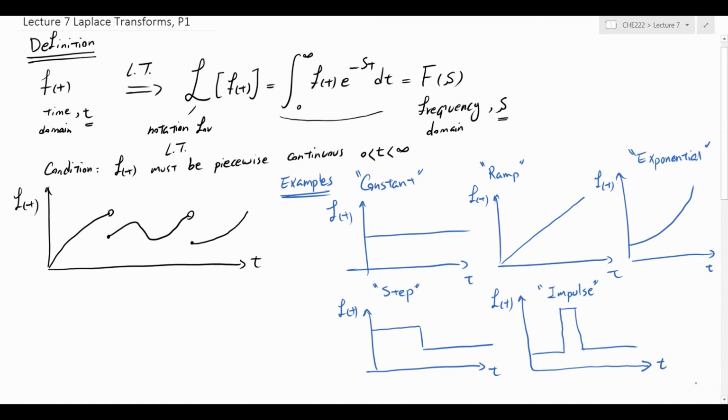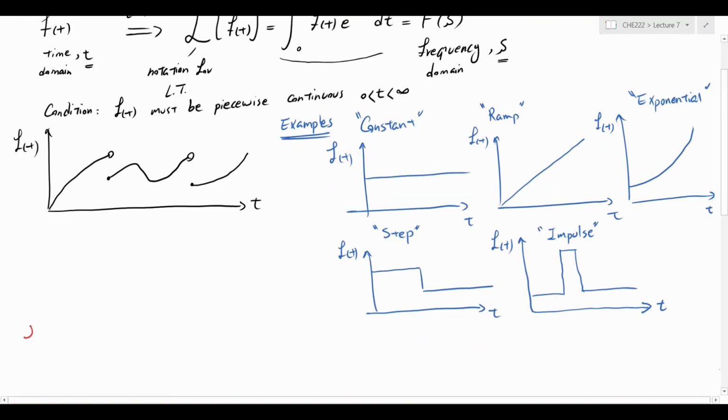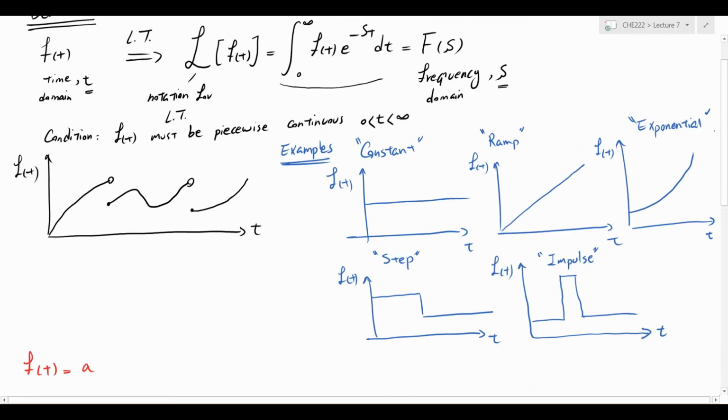So now let's start taking the Laplace transform of some of these functions and see what we obtain. I would start with the constant function f(t) equals a. Following the definition, the Laplace transform of a is an improper integral from 0 to infinity of a, which is f(t) in this case, times e to the minus st dt.